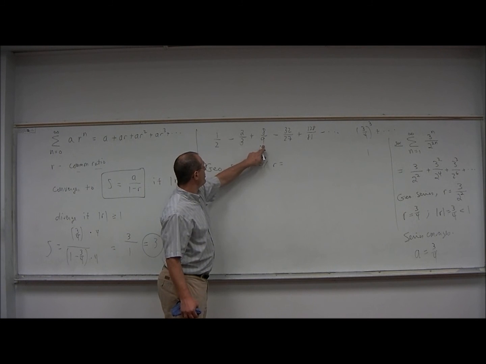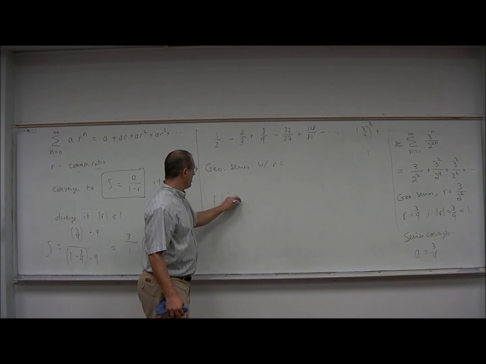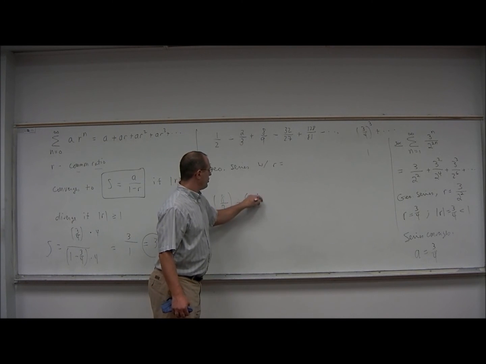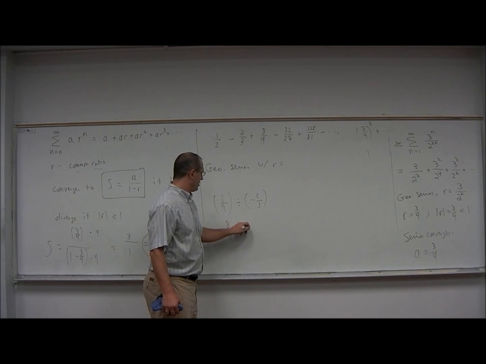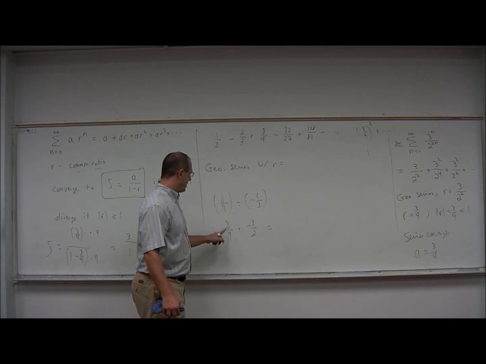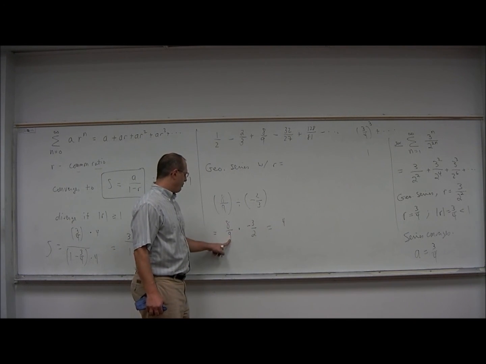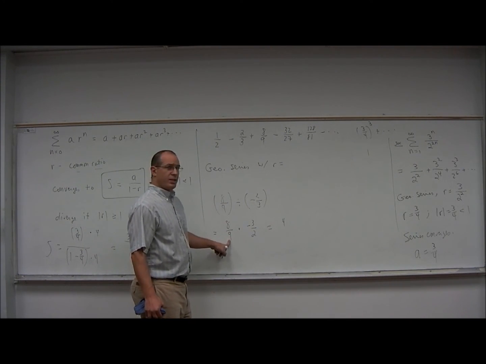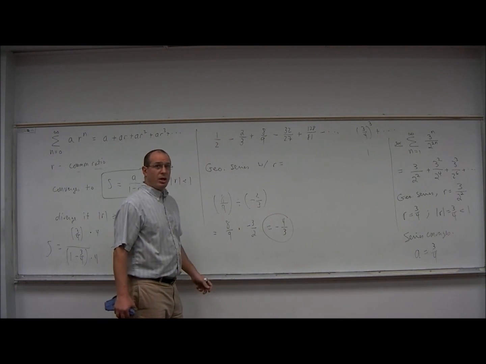Let's do 8/9 divided by negative 2/3. That would be 8/9 times negative 3/2. We can cancel a little bit. 8 over 2 is 4, and negative 3 over 9 is negative 1/3. So negative 4/3 is going to be r.